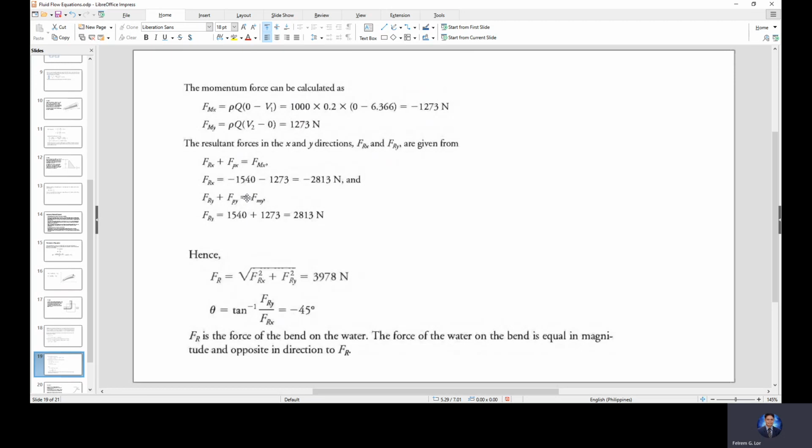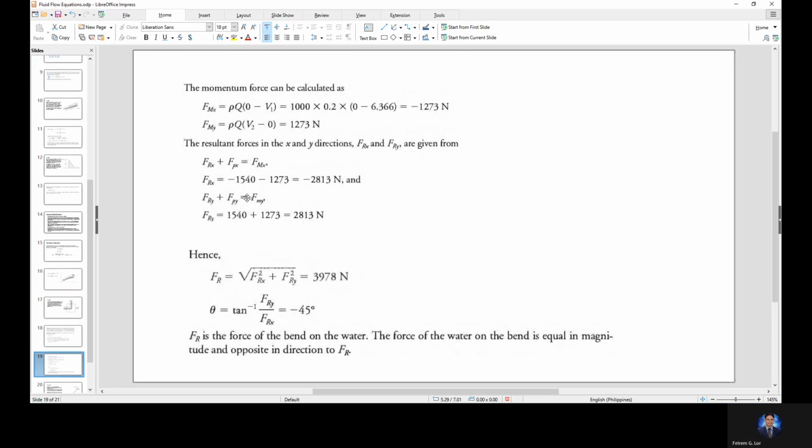The next calculation is now due to the momentum, due to the movement. So we can apply the equation rho Q times V2 minus V1. We need to solve the forces based on its components x and y. So along x, V2 minus V1. V1 is actually positive but the equation's sign is minus. So rho is 1,000, the discharge is 0.2, velocity is 6.366.